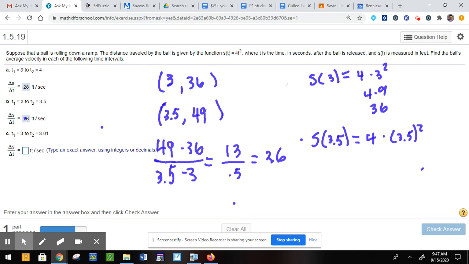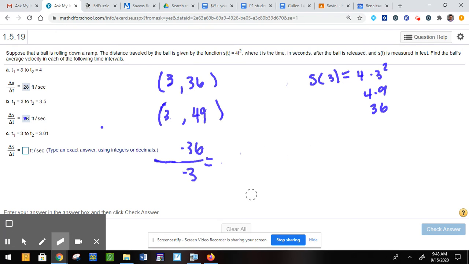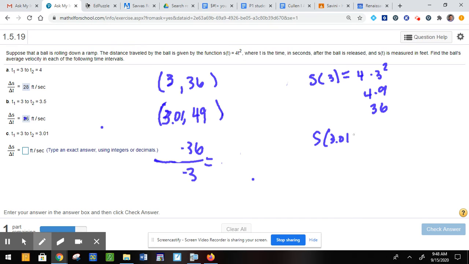We're going to do the exact same thing now for 3.01 instead of 3.5. So what is s of 3.01? It's equal to 4 times 3.01 squared. So I'm going to calculate it on my calculator.